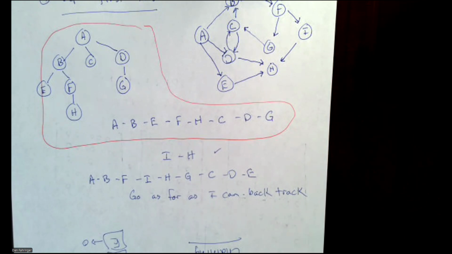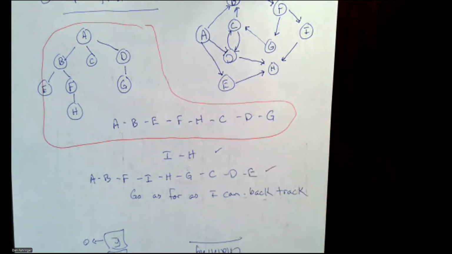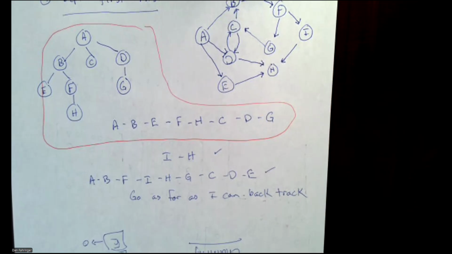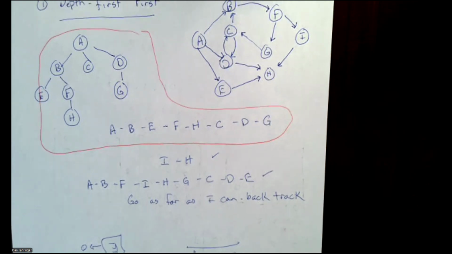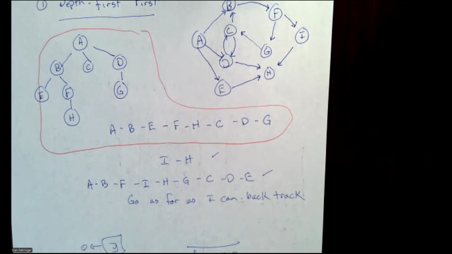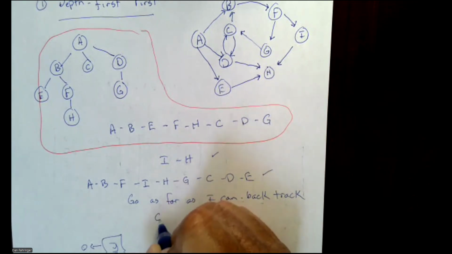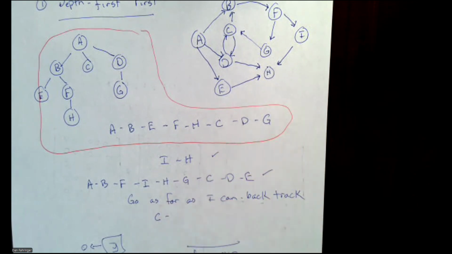You want to try another letter while we're here? Sure. Okay, which letter do you want to pick? How about C. If I'm doing a depth first search, where all will I get if I start at C?